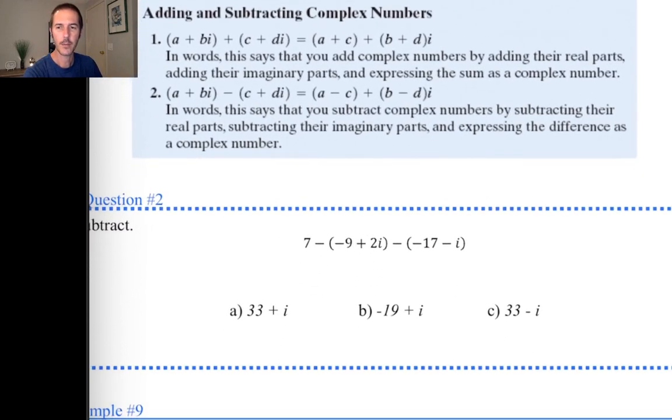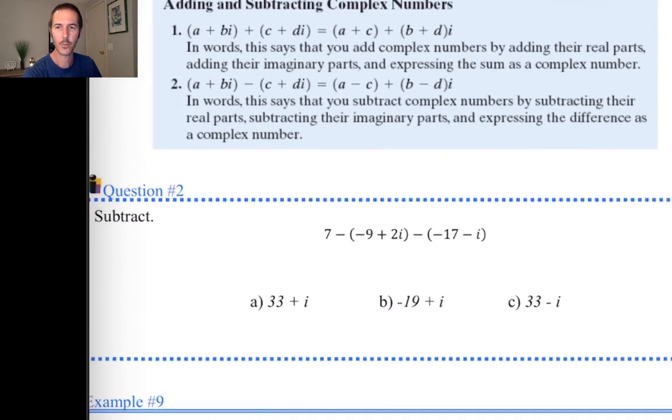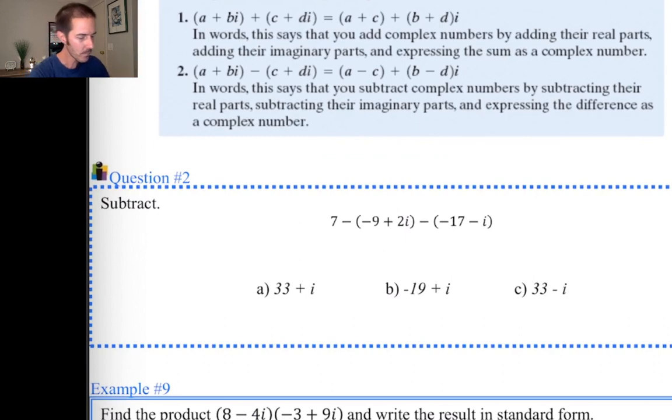So let's do that. In this example, we're being asked to subtract, and I'll show my work. We need to do some distributing here. We could also think of this as 3 complex numbers. I wasn't going to do it that way, but let's do it that way.